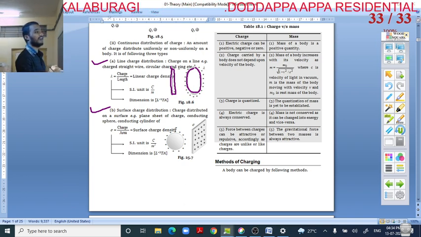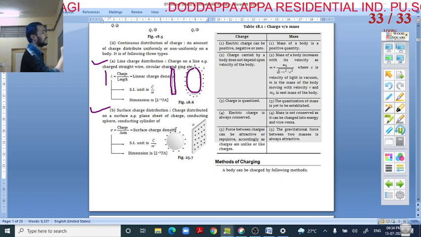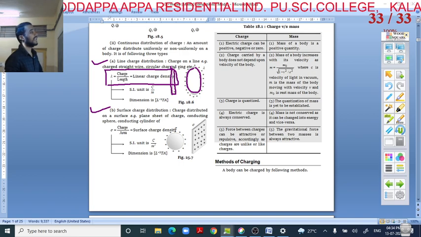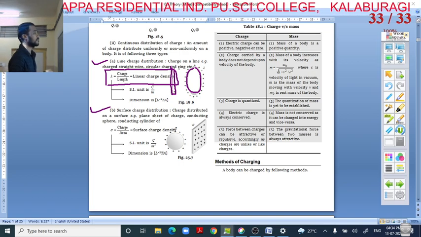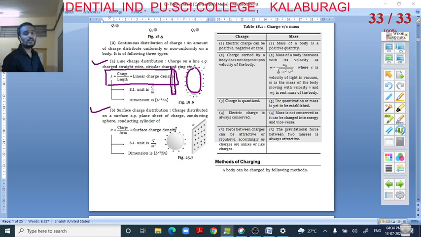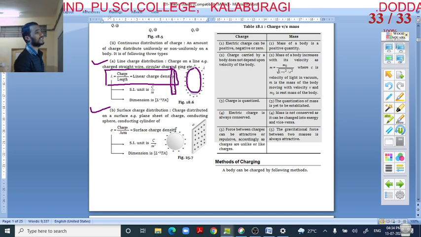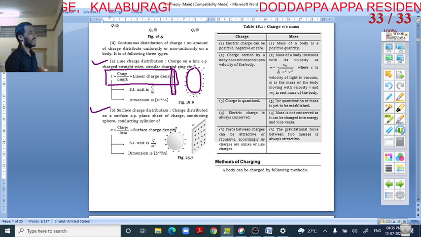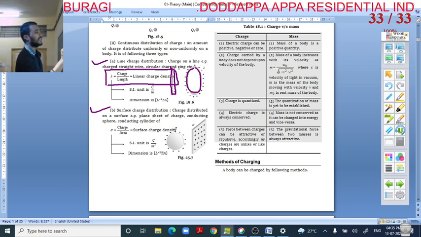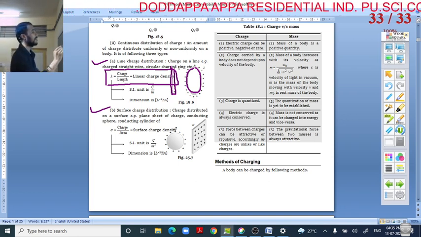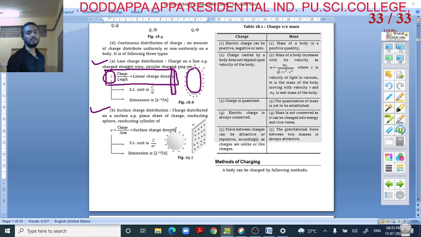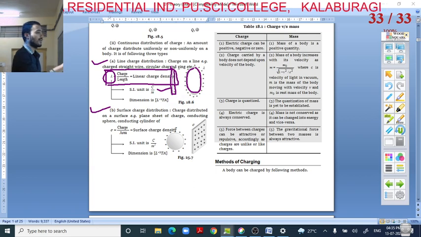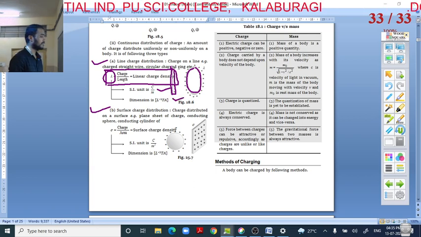If I want to find that, this is the definition or formula of the linear charge distribution, and lambda stands for linear charge density. Lambda is equal to charge by length, that is linear charge density. Here they have given the unit and dimension. I am not going to concentrate on that.